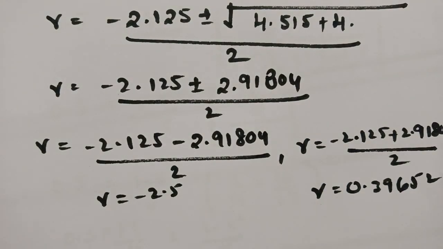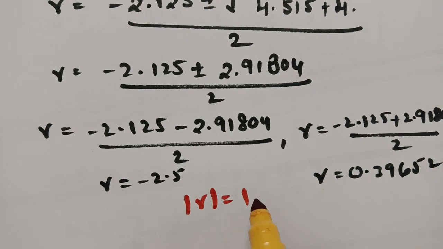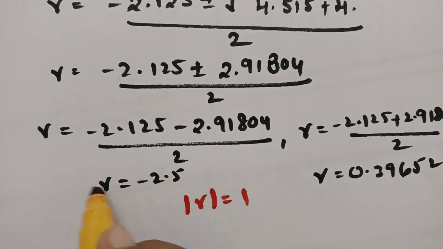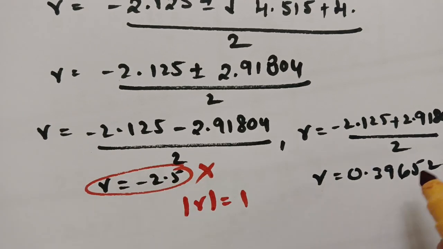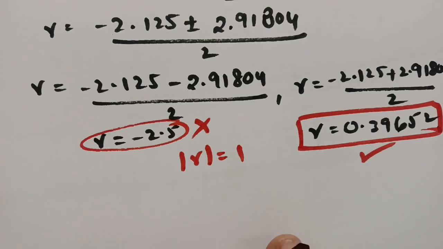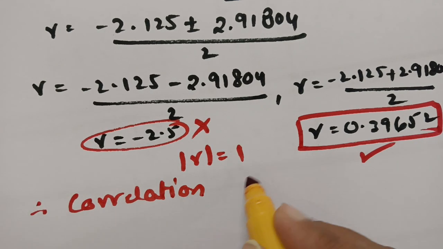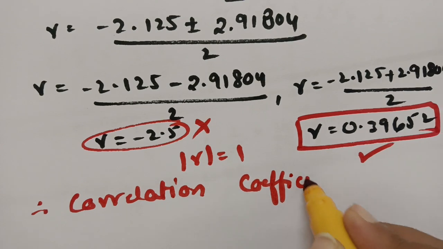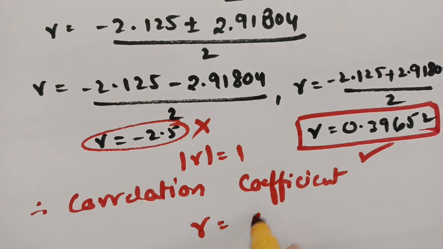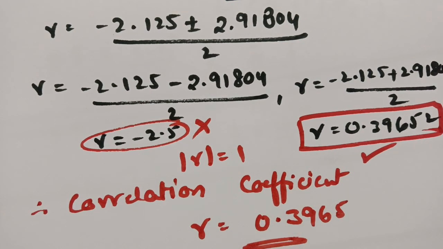As you know, the modulus of r, the correlation coefficient, always lies from minus 1 to plus 1. So the first one is beyond minus 1, and therefore we have to neglect it, and this one is within minus 1 and plus 1. Therefore we have to consider it as the correlation coefficient. Therefore the correlation coefficient r value is equal to 0.3965, and this is how we have to calculate using the angle between the two regression lines.